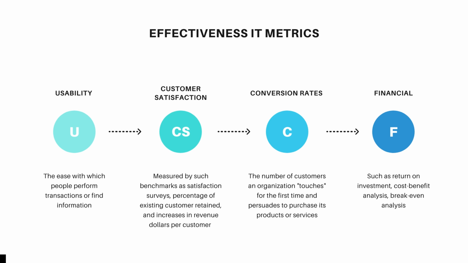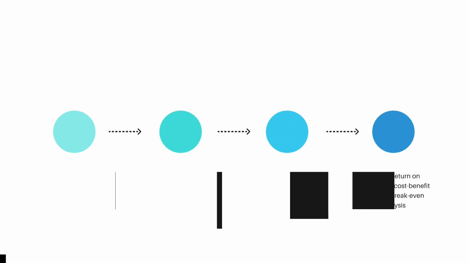Conversion rates, the number of customers an organization touches for the first time and persuades to purchase its products or services. And last but not least, we have financial, such as return on investment, cost-benefit analysis, and break-even analysis.